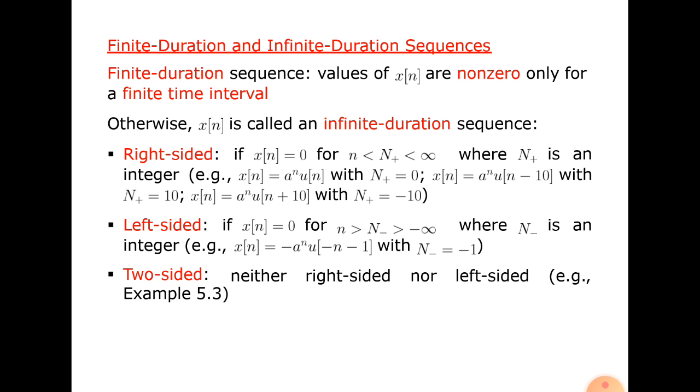Here x of n is non-zero only over a finite interval. Otherwise, it is called an infinite duration sequence. So we have a finite duration in this property, but in other cases the infinite duration is there, and x of n is called an infinite duration sequence.